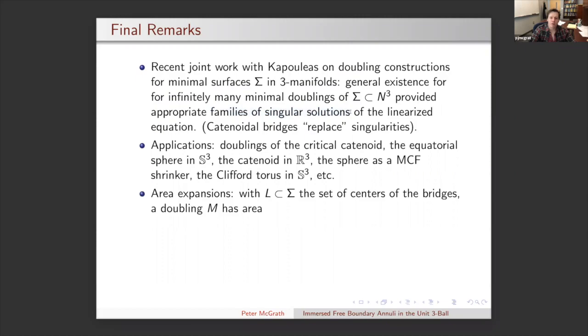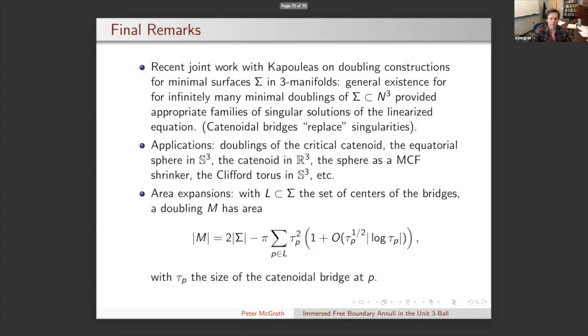One other thing we've done is, for these objects and this particular application, we can derive expansions for the areas of these doublings. If you call M a doubling and L is the finite set of centers of the bridges, or singularities of the linearized solutions, then as you would expect, the trivial term in the expansion is that your doubling has twice the area of your sigma, but then you lose area.